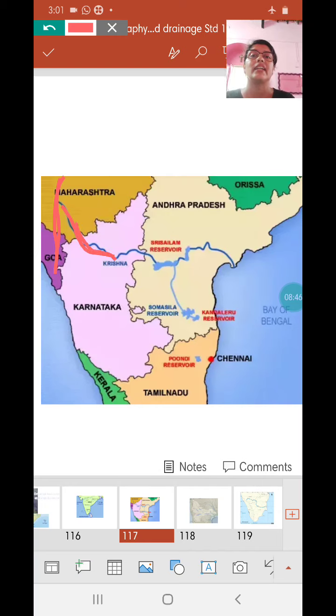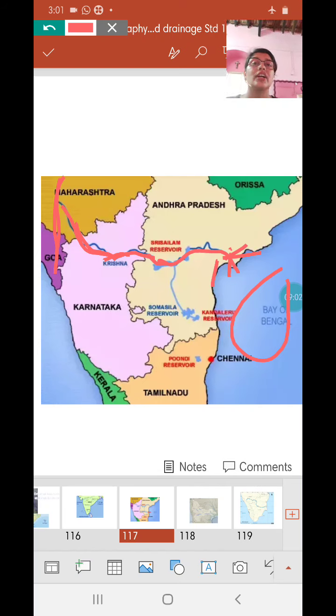So southward it enters Karnataka first, then it flows eastwards and enters into Telangana and ultimately into Andhra Pradesh. Again it forms deltas at its mouth and enters into the Bay of Bengal.